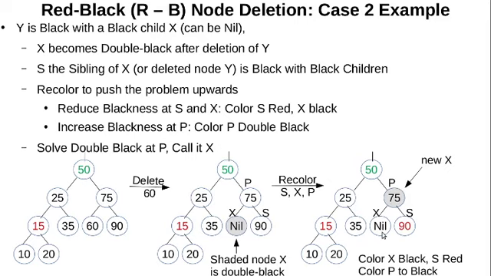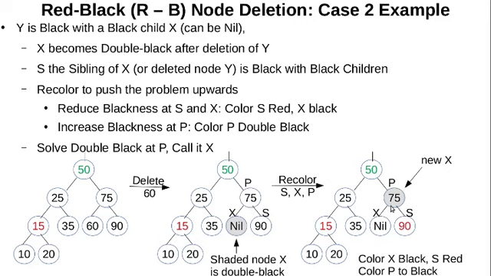Further, we increase the blackness of their parent node 75, which is marked as P. Node P is black, and the increase in blackness makes it double black.